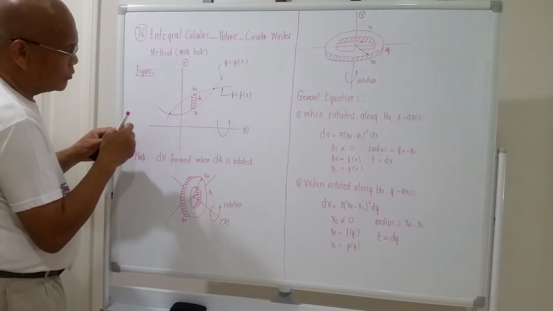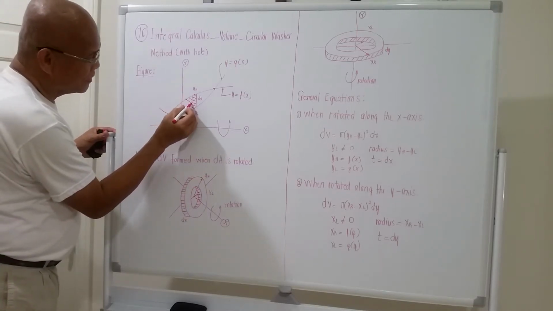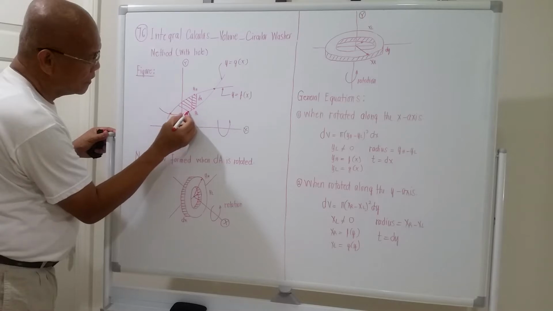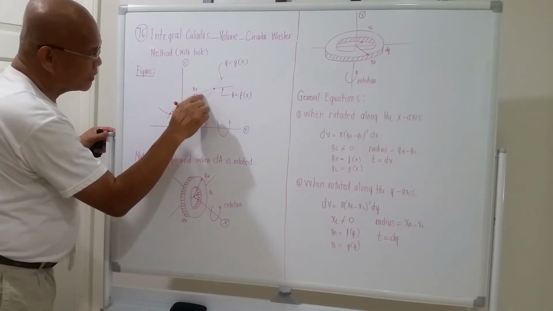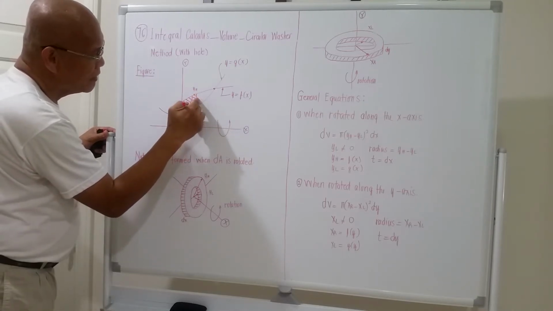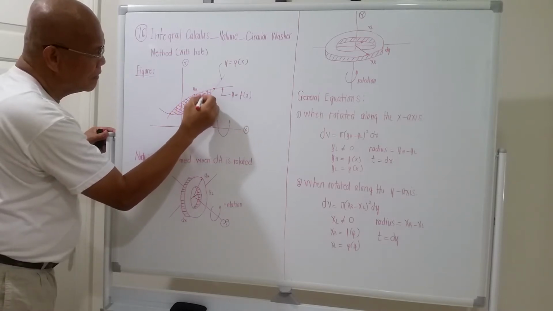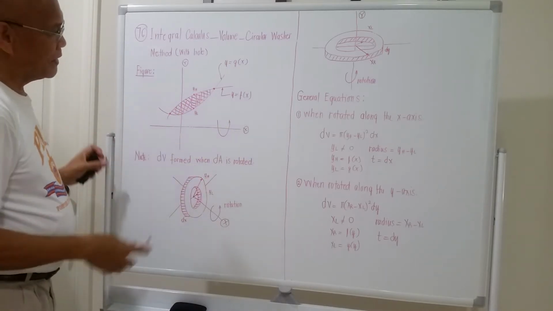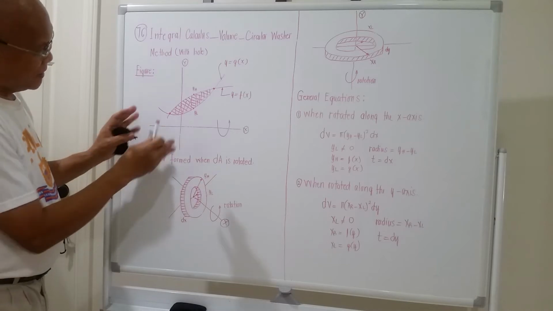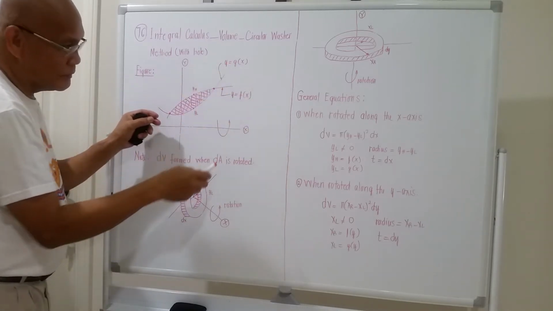I will cross-hatch the area between the two curves. So the area represented by the red crosshatch is actually the area between the first curve and the second curve.